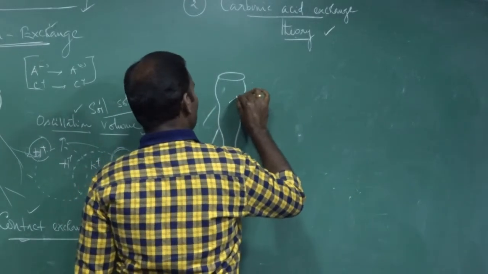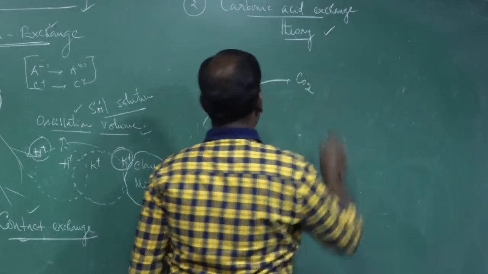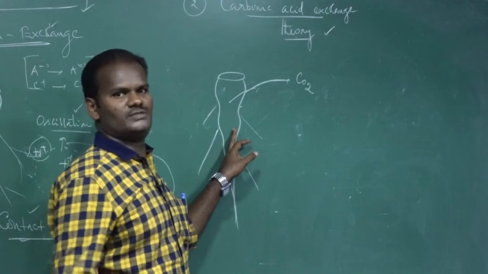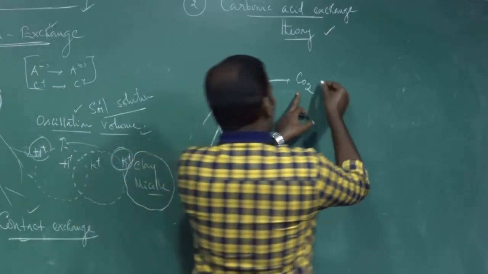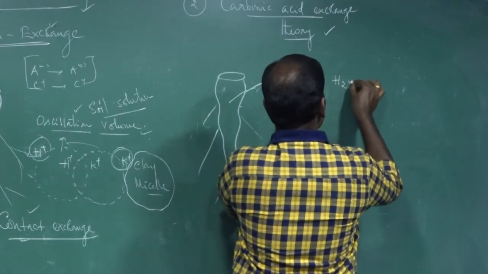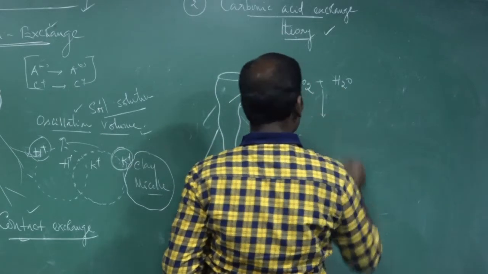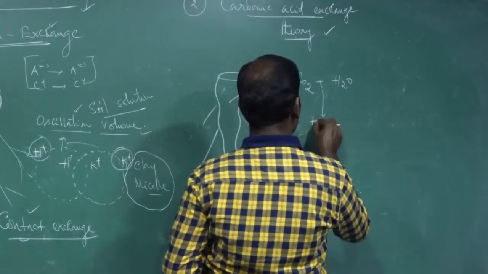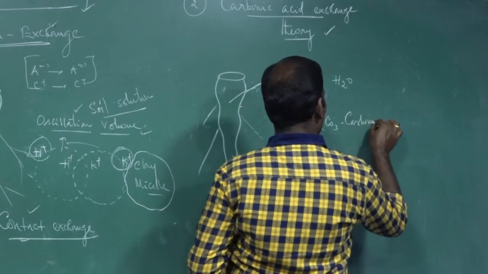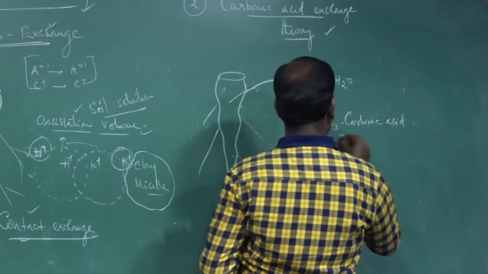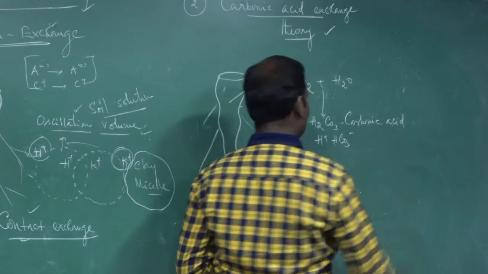During respiration, carbon dioxide is released by the root cells. It combines with the water present in the external medium, the soil solution, to form carbonic acid, H2CO3, otherwise H plus and HCO3 minus.